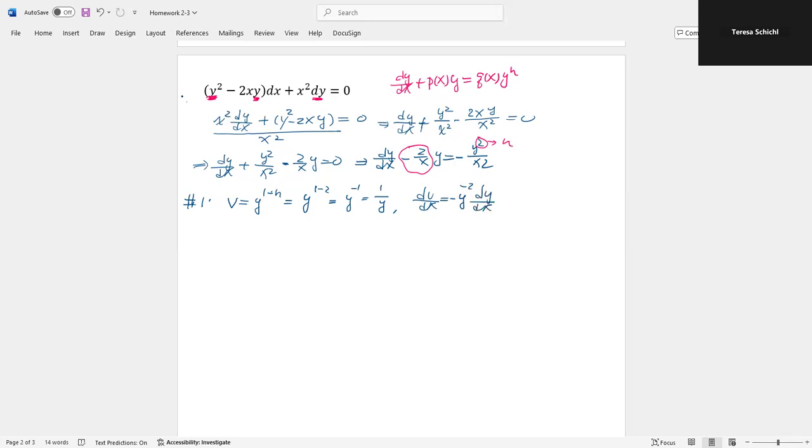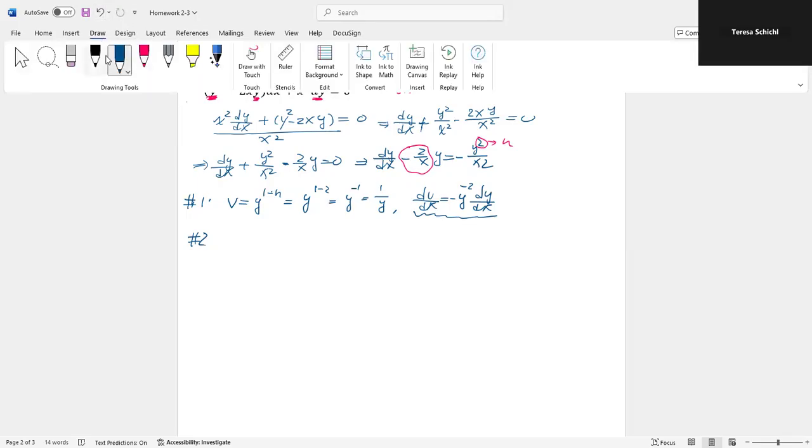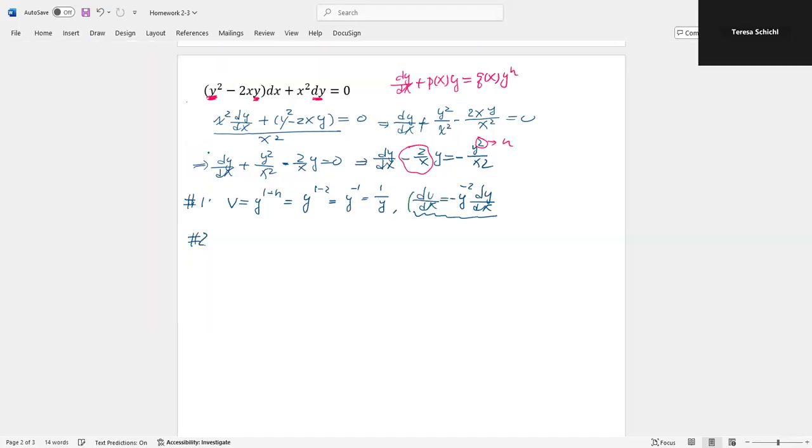That's right. Okay, good. Then the next thing is to rearrange this equation to get dy/dx. So I can multiply both sides by negative y squared, correct?